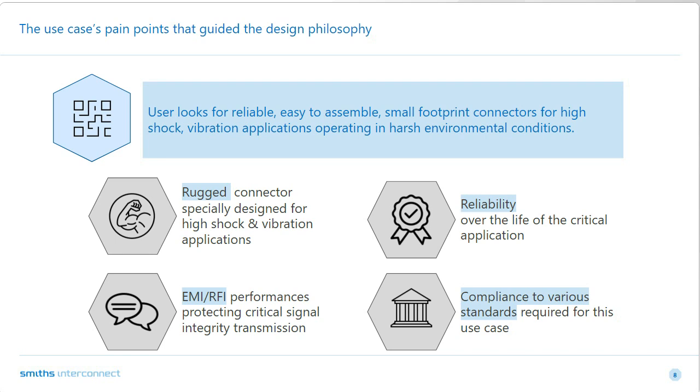If there's any one particular word that is common across so many different discussions, I would definitely stress the word reliability. Reliability is perhaps one of the foremost considerations given by our customers. Ease to assemble, small footprint of connectors, in some cases high shock vibration applications, and harsh environmental condition.